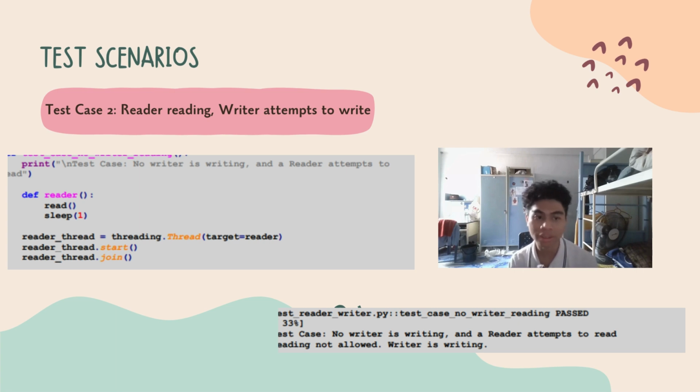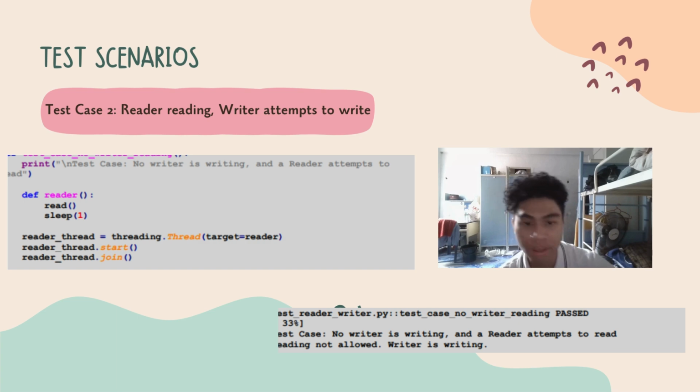If so, the reader is not allowed to read and has to wait. What this means is the writer is not writing to the file, but if the writer is waiting to write, hence the reader is also not allowed to read.